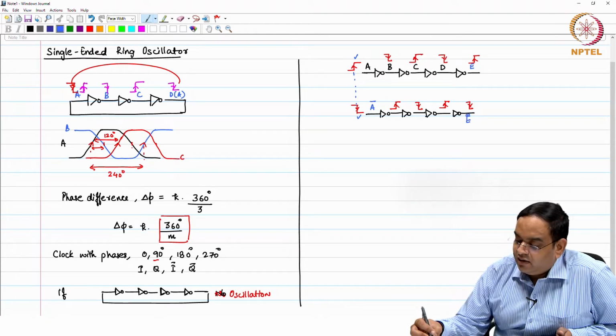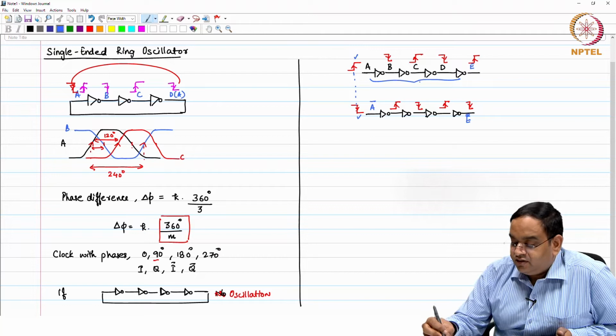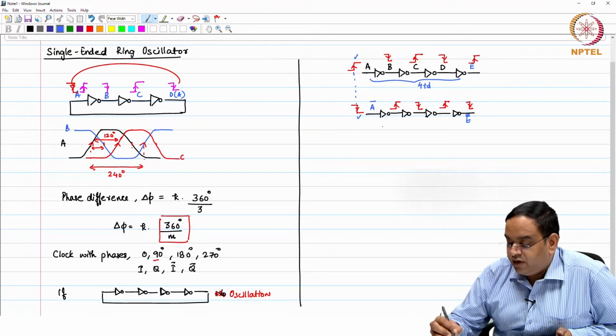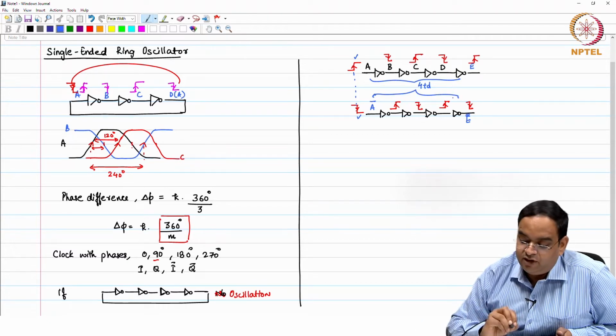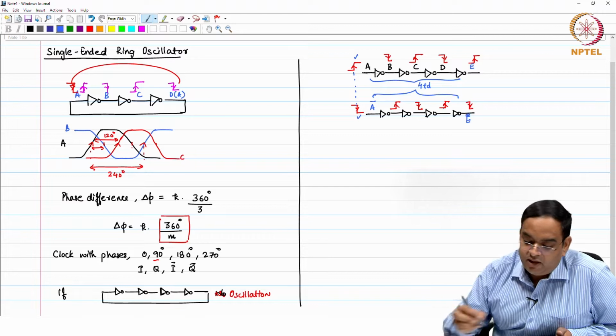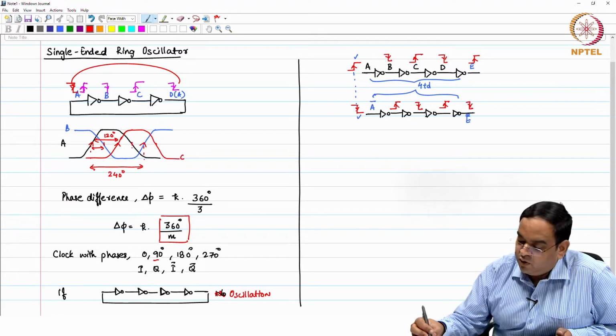I will get the output at E as a rising edge and a falling edge on E bar after the same delay, which is 4 times the delay of inverters. So, this delay is 4 times the delay of the inverter, same delay. Now, I will go and connect the falling edge of the inverter with this in this manner.